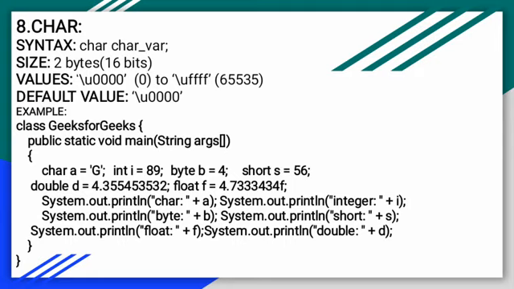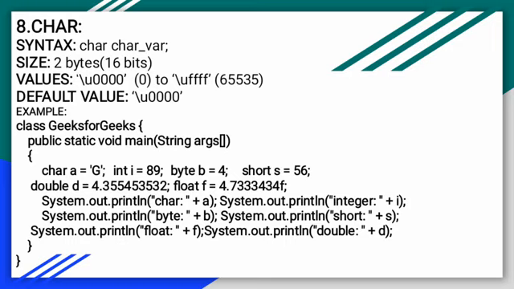Class, object name, public static void main. char a equal to g, int i equal to 89, byte b is equal to 4, short s is equal to 56, double d is equal to 4.355453532, float f is equal to 4.7333434f. So let's print these values. System.out.println char, similarly integer, similarly byte, short, float, double.